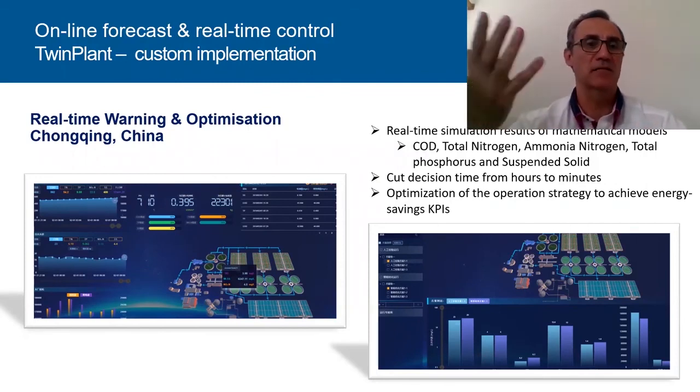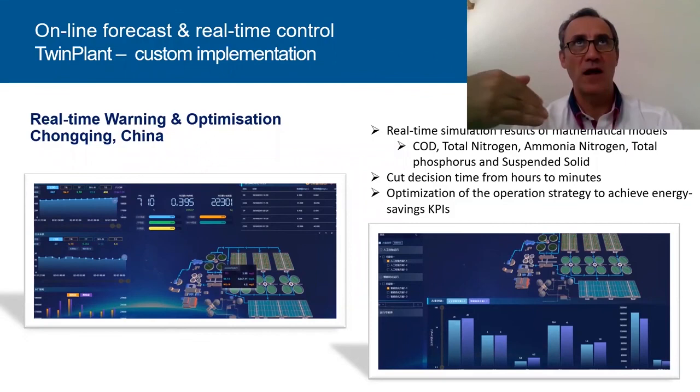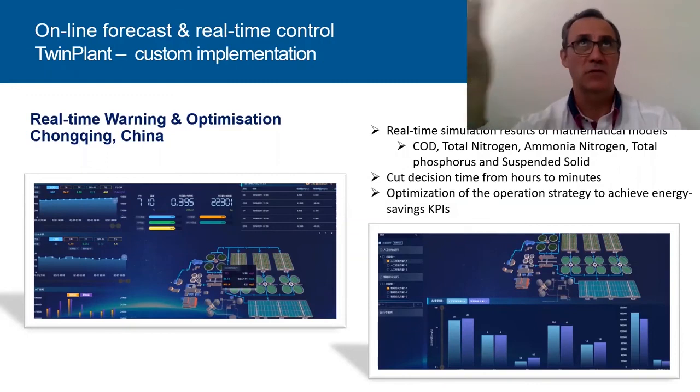So that's the final stage, right? That's the final stage, where these data tools and the models are integrated together and run in real time to provide information on what is going to happen in the treatment plant in the next hour, six hours, or a day, and then allow the treatment operators to take qualified decisions about how to optimize the run.